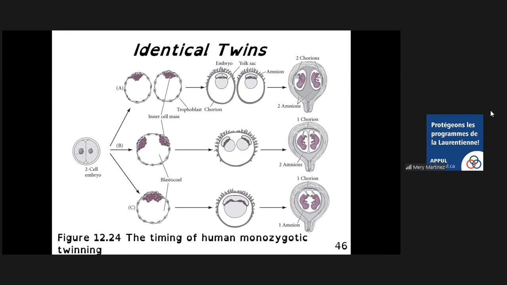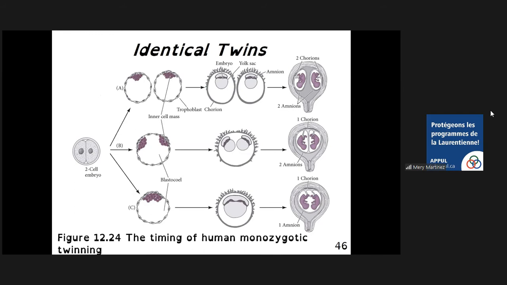However, we know that human twins are classified into 2 major groups: the monozygotic and the dizygotic. In the monozygotic, or identical twins, twins are formed from a single embryo that somehow divided. These monozygotic twins normally occur in 1 in 400 cases in humans.